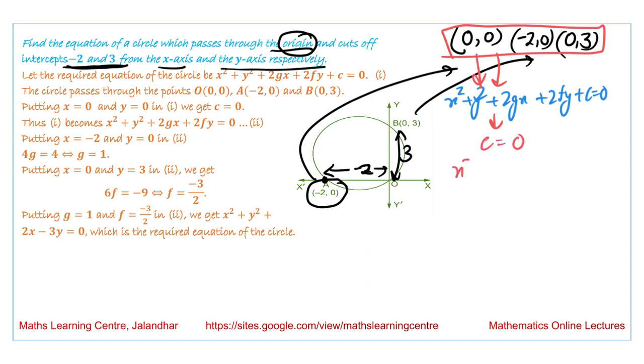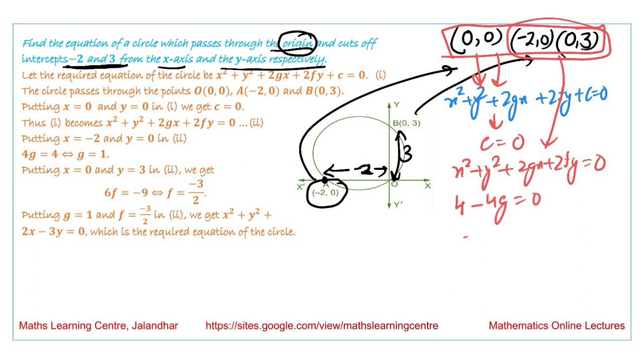So the equation becomes x square plus y square plus 2gx plus 2fy is equal to 0, and we are left with these 2 points. When you substitute -2, it is 4 minus 4g is equal to 0. So this implies g is equal to 1.